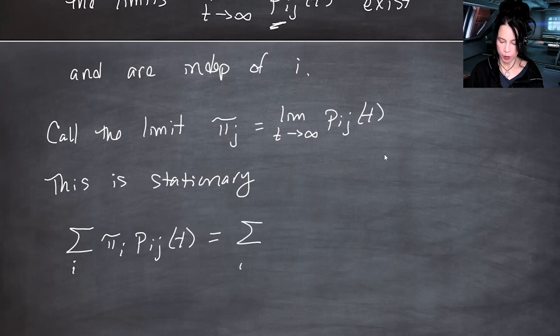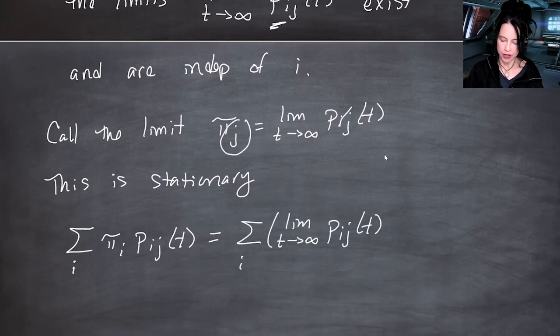So this is going to be the sum over i of the limit as t goes to infinity of p_ij(t). No, not true at all. Pi_j, this has to match this. And that means that if I'm writing pi_i, I want to go to i from an arbitrary point that doesn't matter.